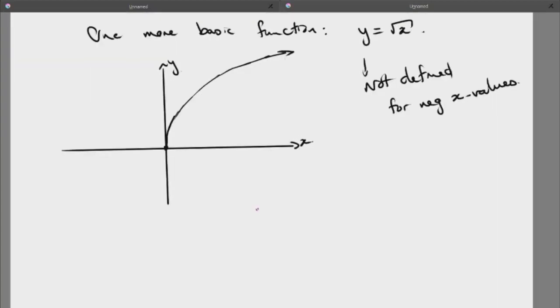But of course, we have this basic function. We can do a transformation problem on it. Let me do number 4.